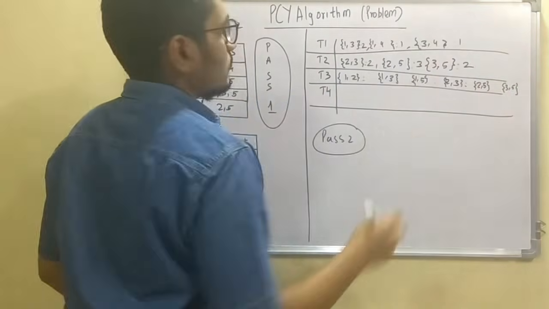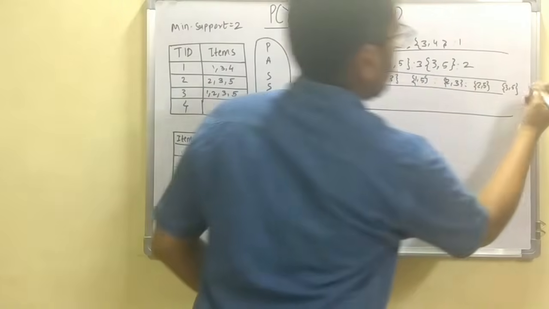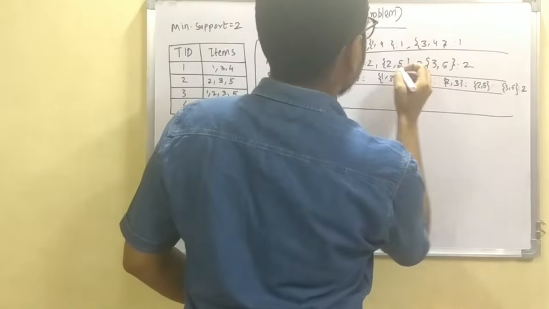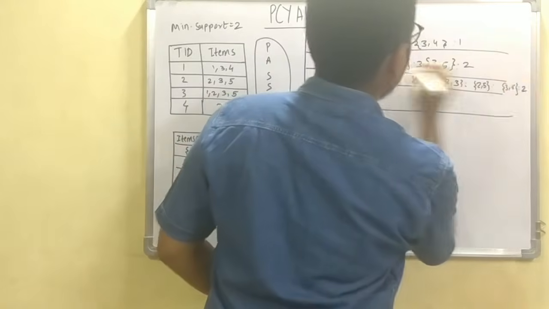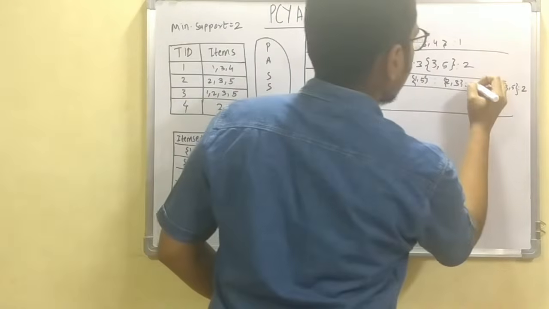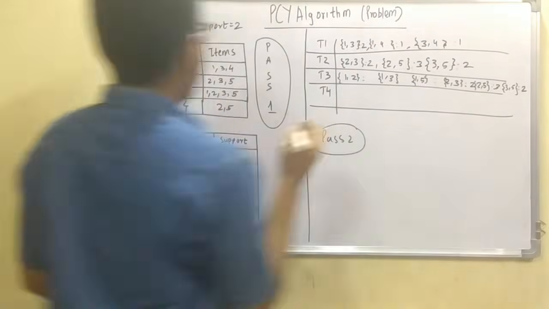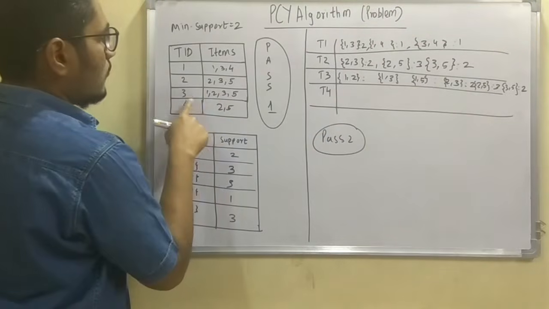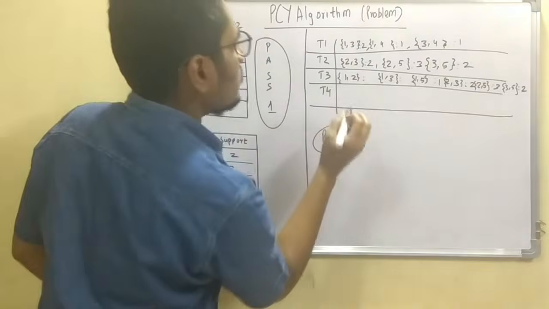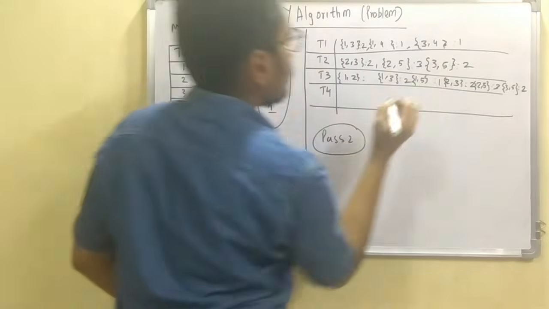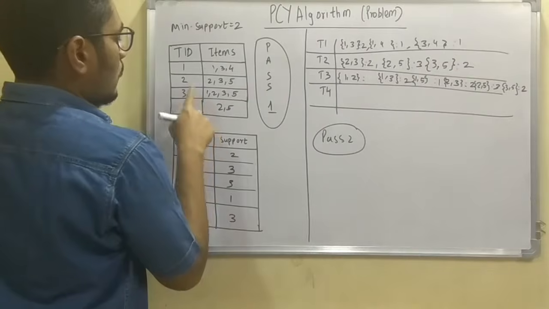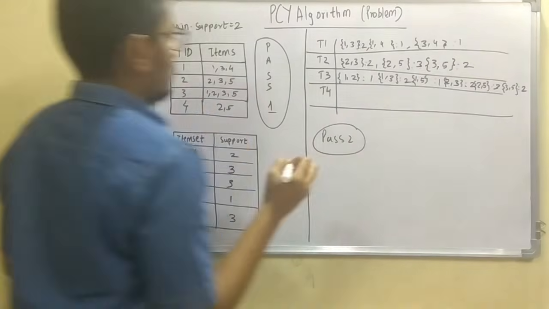Next we have to count these. 3 5 we can see is 2. 2 5 is 3, I'm sorry. 2 3 is 2. 1 5 we haven't counted before, it is there only once, and 1 3 is there twice. 1 2 we haven't counted either, it is also once.